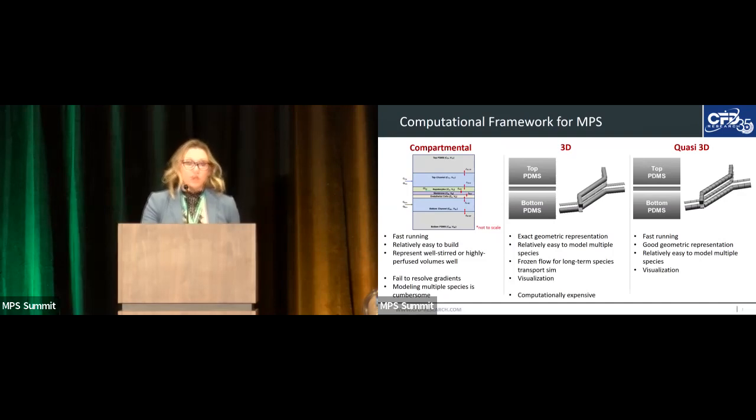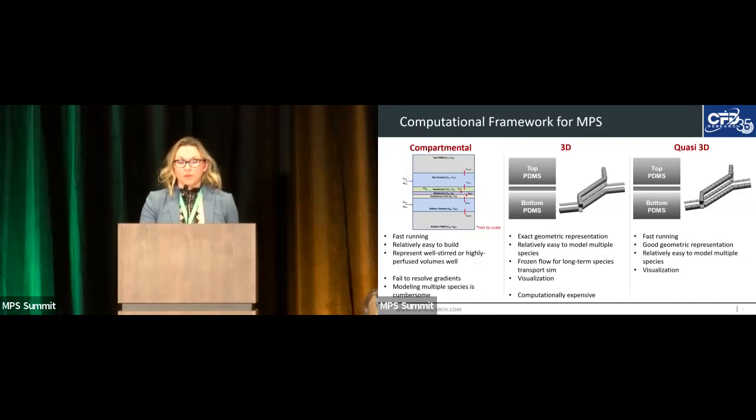So at CFD Research we have come up with an alternative that brings together the best of these two worlds using a reduced order modeling approach, which we term quasi 3D, or Q3D, to model these different channels in the microphysiological systems, as you can see here. We still retain the spatial resolution.